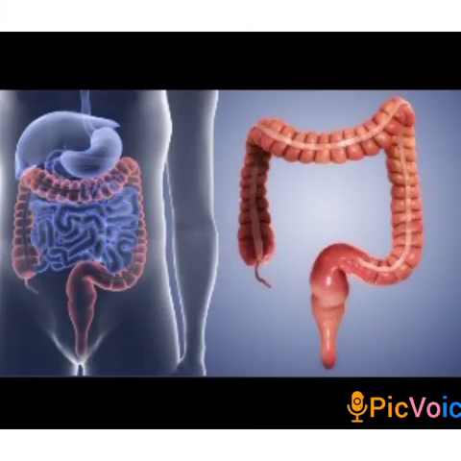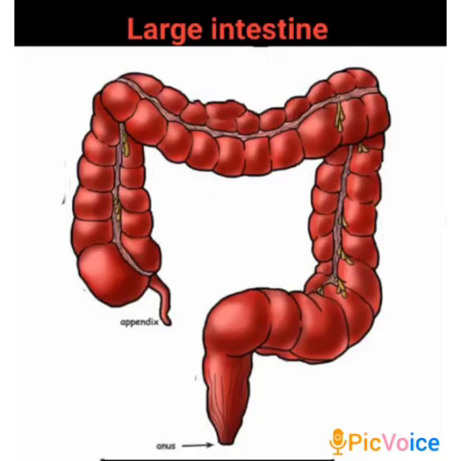Look at the picture. You can see the large intestine. The large intestine is wider and shorter than the small intestine. It is about 1.5 meters in length. What is the function of this large intestine?